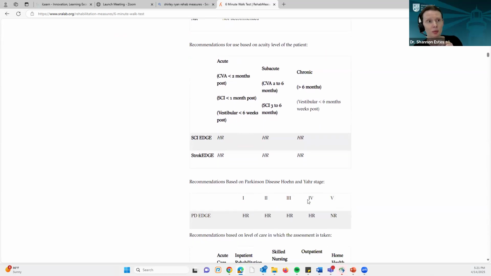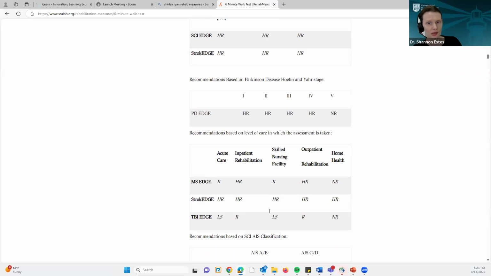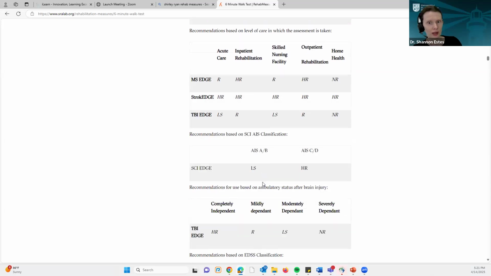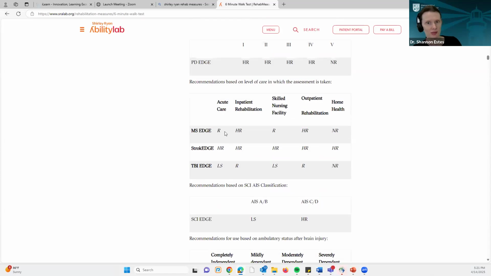So I always push people to this resource when you have further questions about it, if it's good for that setting. And you'll see a lot of them are across the board, like recommended. So for this, remember, it's a 6-minute walk test. It is recommended in acute care, inpatient rehab, a SNF, outpatient, and home health for persons with stroke. It has some recommendations for someone with TBI in inpatient rehab and outpatient.